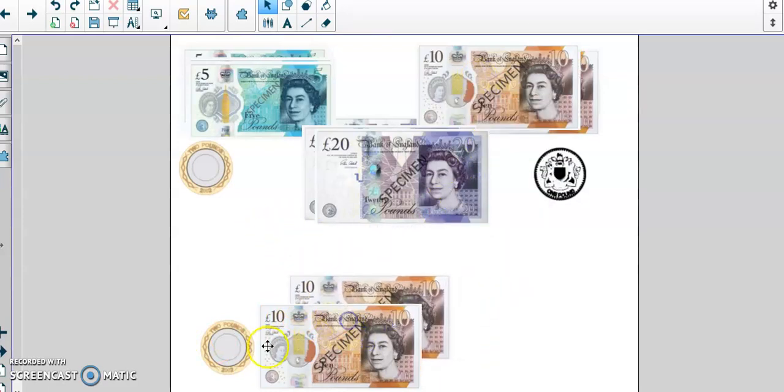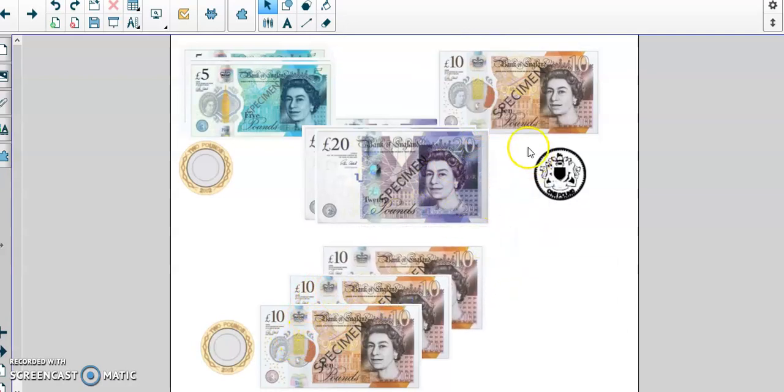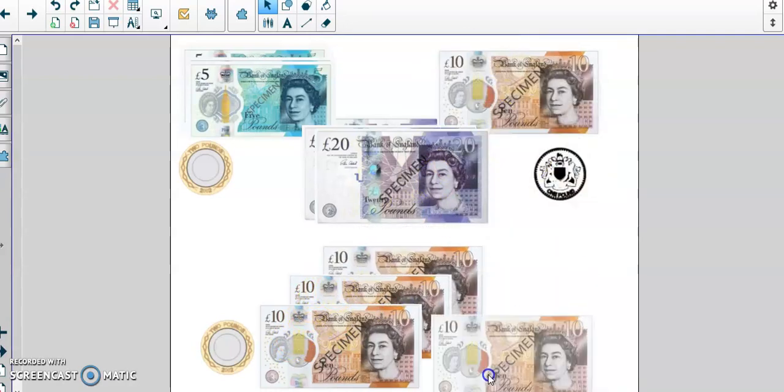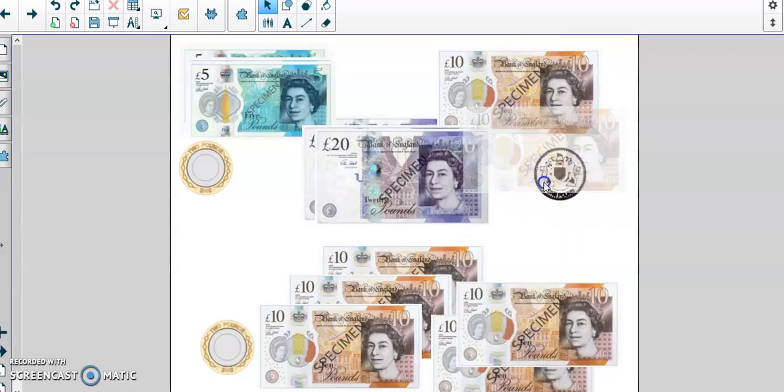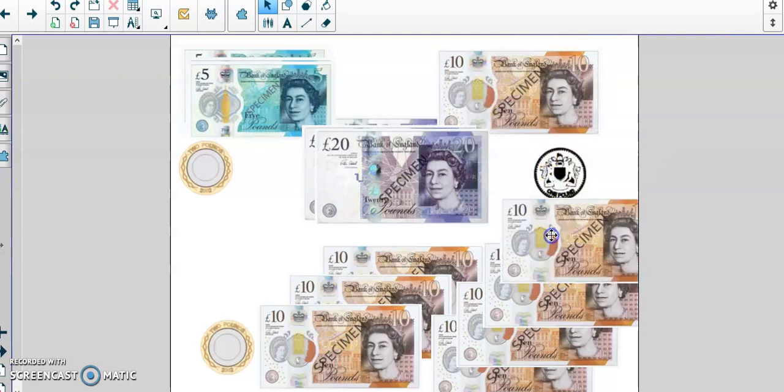If we keep counting up, we went 2, 12, 22, 32, 42, 52, 62. Think what would be next. You'll be right if you said 72.